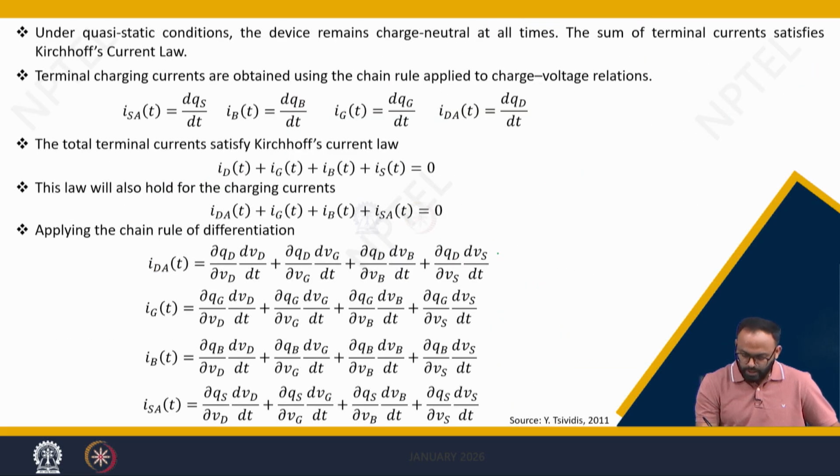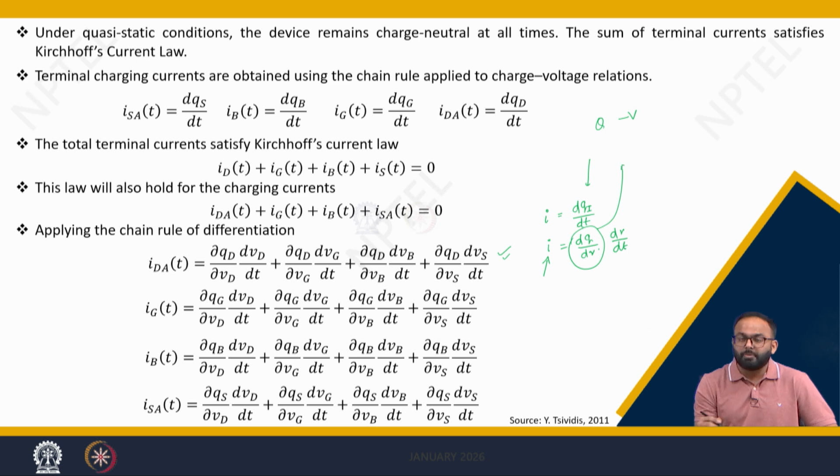If you see closely, the terminal currents can be given as the rate of change of charge per unit time. We know from our previous analysis, when we created multiple equations which relate the charge and the voltage, that by using the chain rule we can define I as delta Q by delta V into delta V by delta T, and then we can find the expression for terminal currents, where this part we have already done in our previous analysis.